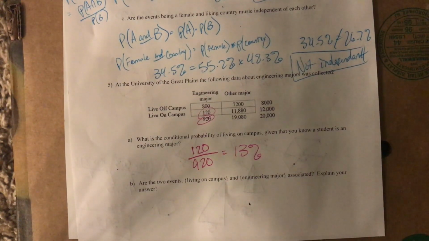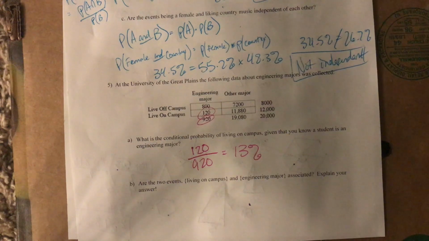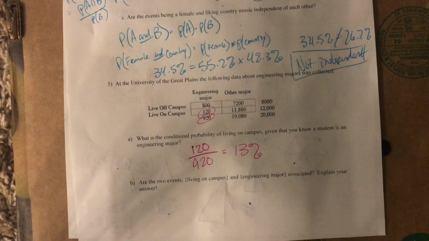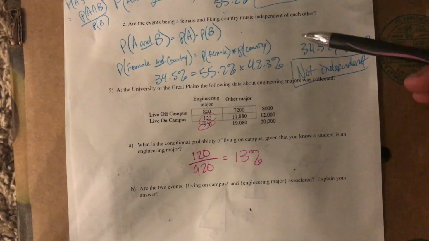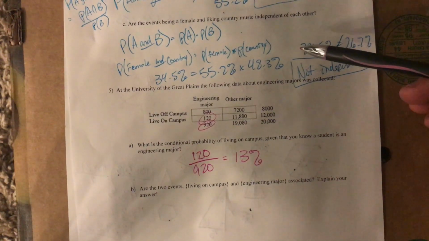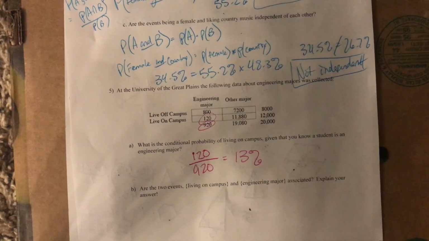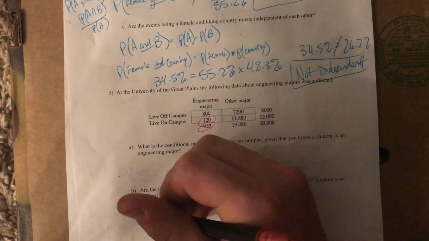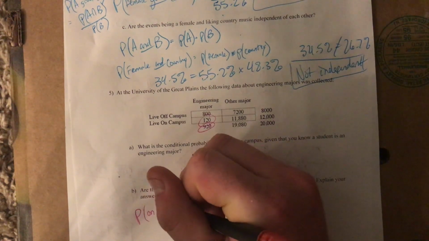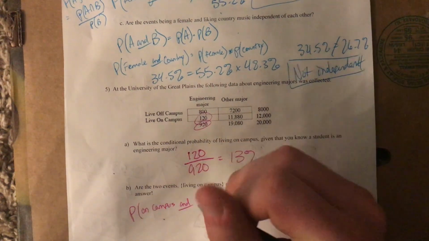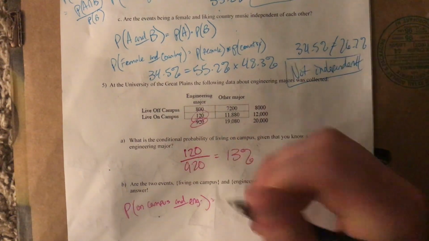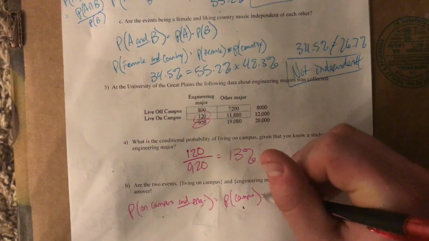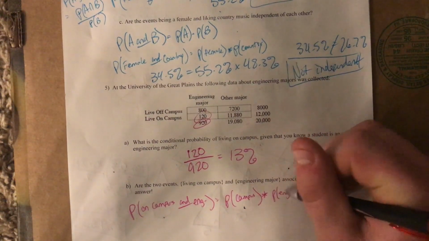Okay, now are they associated? So these things are associated if they are not independent. Just a little thing to note about what association means. So really it's asking us the same question as C does up here. Are they associated with each other? So we need to show that same thing from before. Is the probability of on-campus living and being an engineering major equal to the probability of campus living times the probability that somebody is an engineering major?